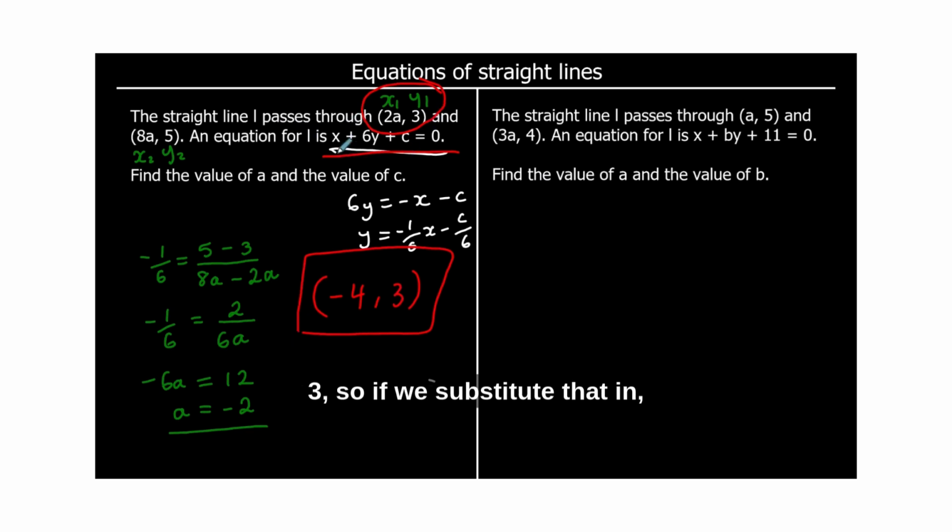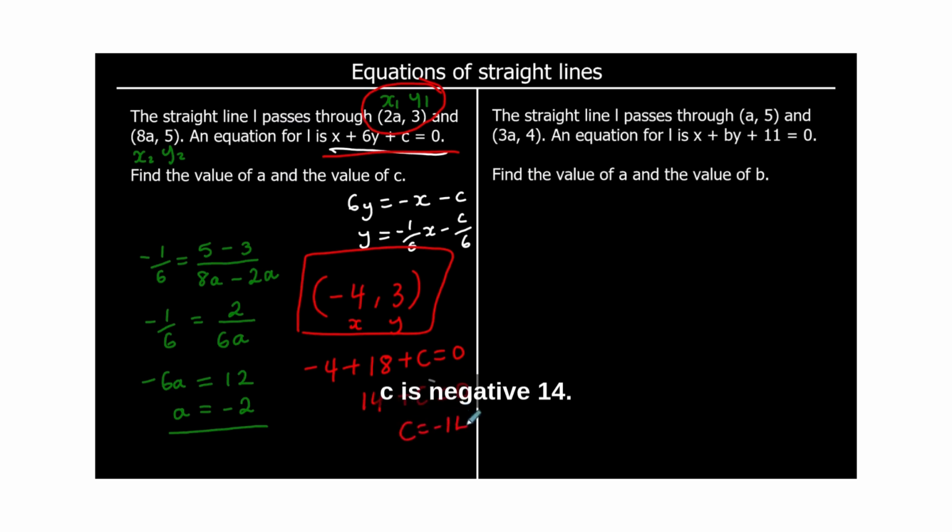So if we substitute that in, we can find c. So x and y. So negative 4 plus 6 times 3, 18, plus c equals 0. So we've got 14 plus c equals 0. C is negative 14.